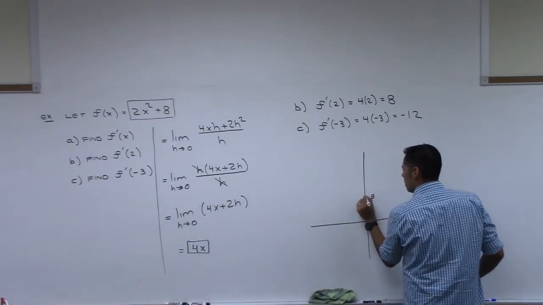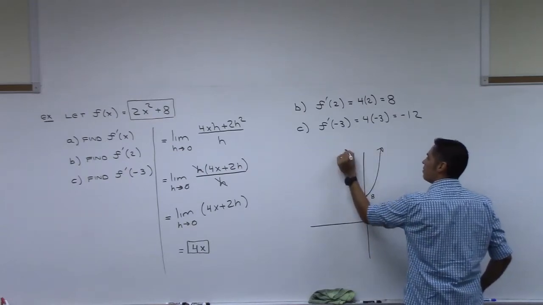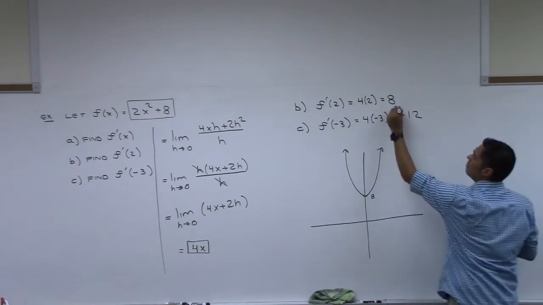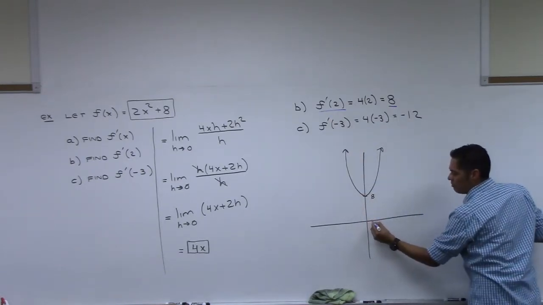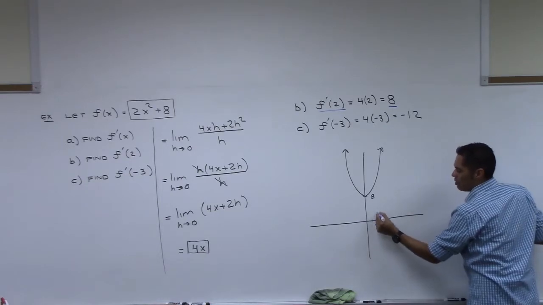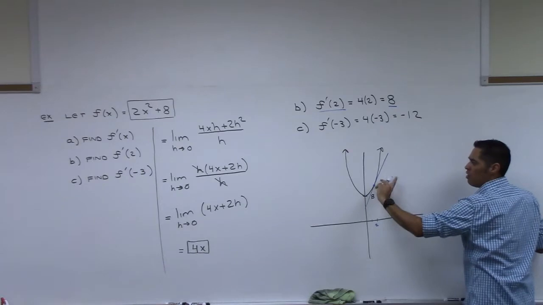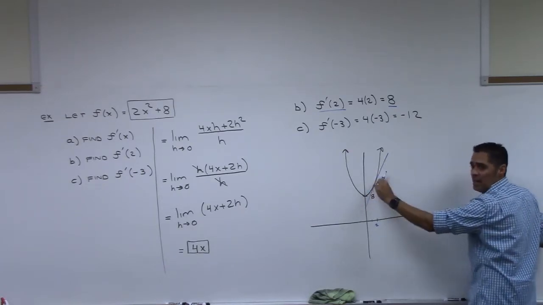Here's 8, and it looks like a U. What we have said in part B is that if you go out to 2 on the x-axis, and you go up to the function, and you draw the tangent line, the slope of that line is going to be what? The slope of that line is 8.